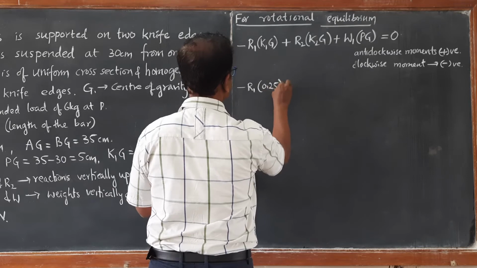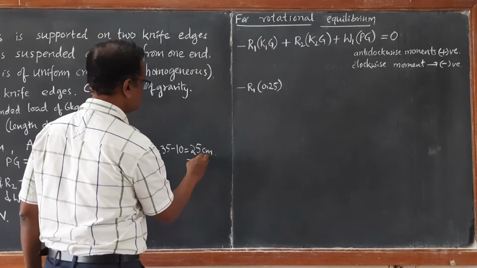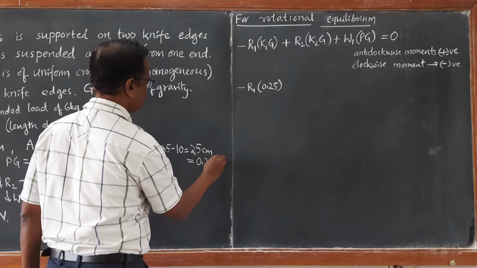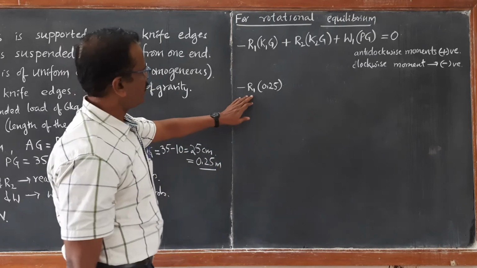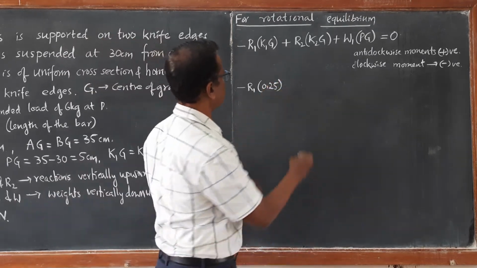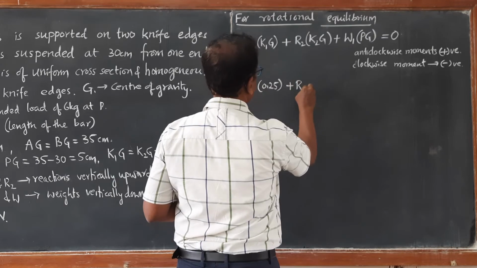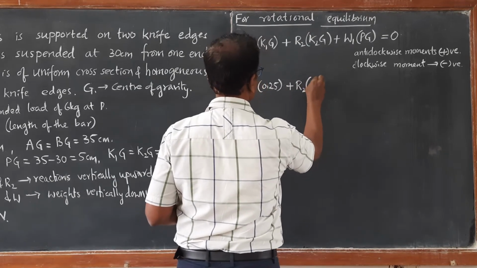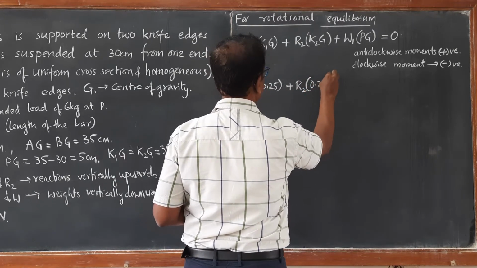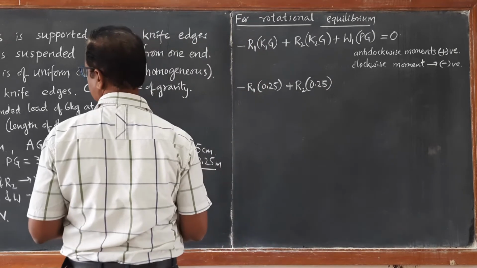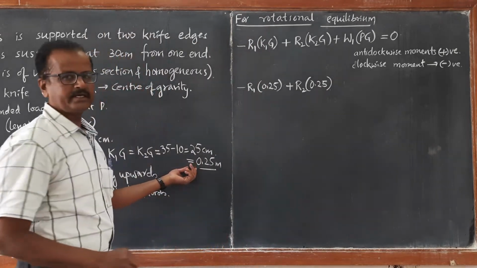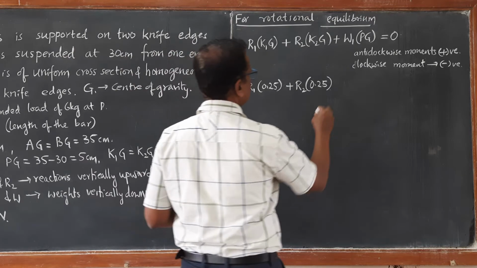Converting it into meter, it becomes 0.25 meter. So minus R1 into 0.25 meter plus R2 into K2G, that is also 25 centimeter, that is 0.25 meter.